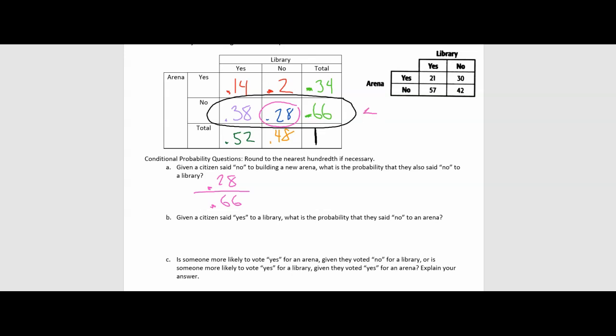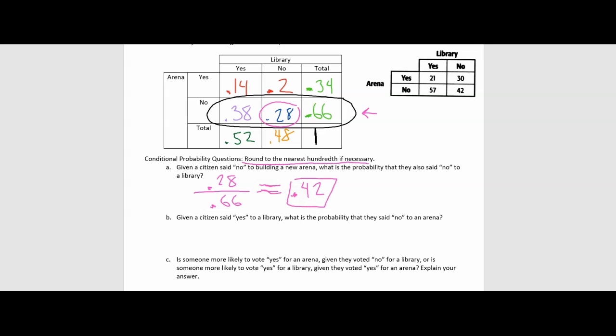The total for this row is 0.66. The total is not 1. So if we divide these two, 0.28 divided by 0.66, we end up getting a repeating decimal. We'll just round here. It says round to the nearest hundredth if necessary. We get 0.42 approximately. We'll change those to approximately equal signs.